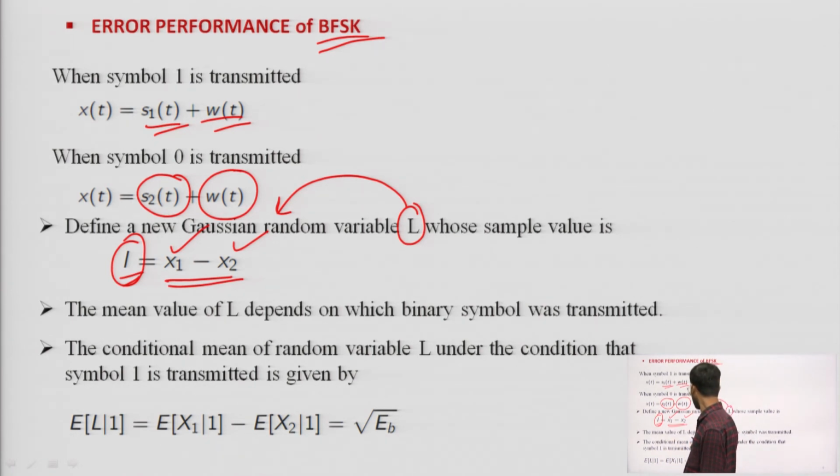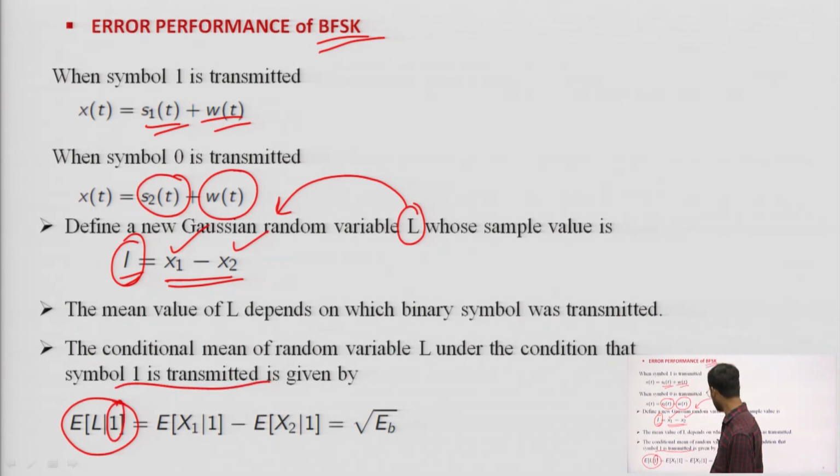So the conditional mean of the random variable L, under the condition that symbol 1 is transmitted, is given by the following. What is the mean of L?